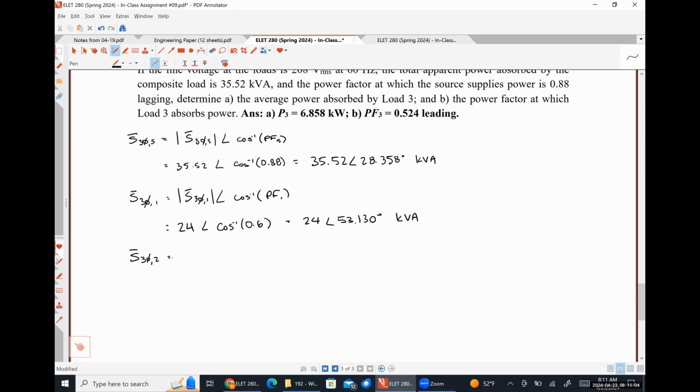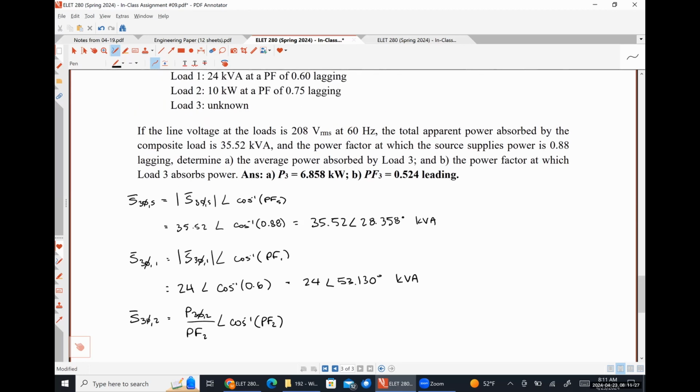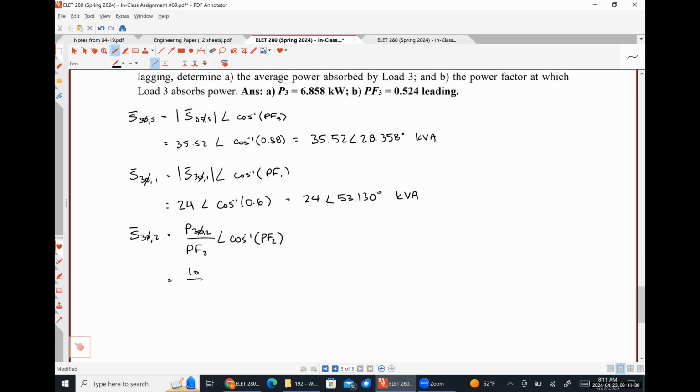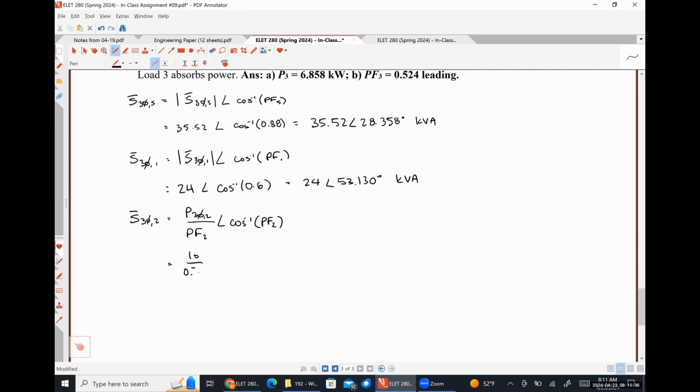And the complex power absorbed by load 2. Here we were given average power, not apparent power. So we're going to have to do average power of load 2 divided by the power factor of load 2 with an angle of the inverse cosine of the power factor of load 2, which would be 10 kilowatts divided by 0.75, angle inverse cosine of 0.75.